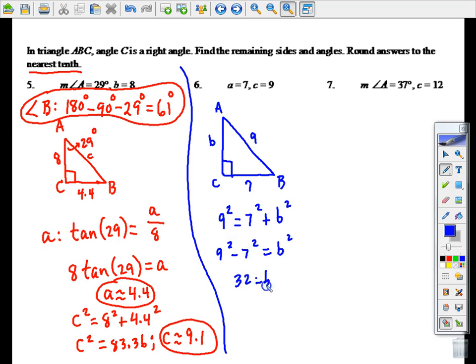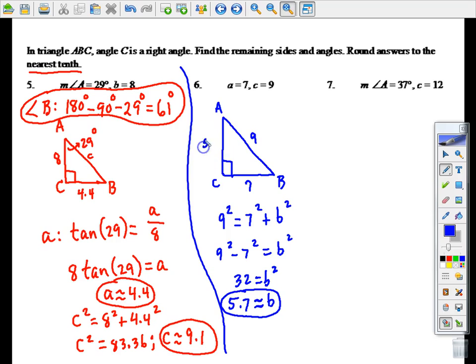So b squared is 32, but what's b? Well, b is the square root of 32, and that ends up being 5.65685, but rounded we get 5.7. And we'll make this approximate since we rounded. Okay, so we found the missing side.